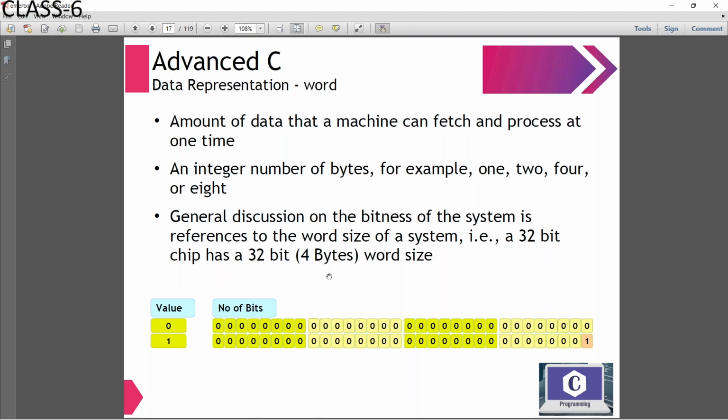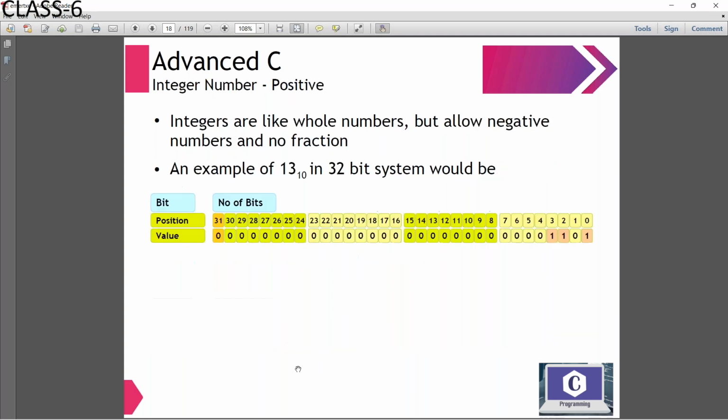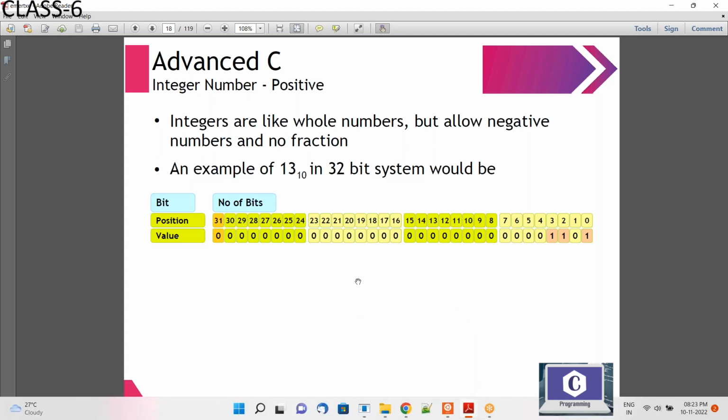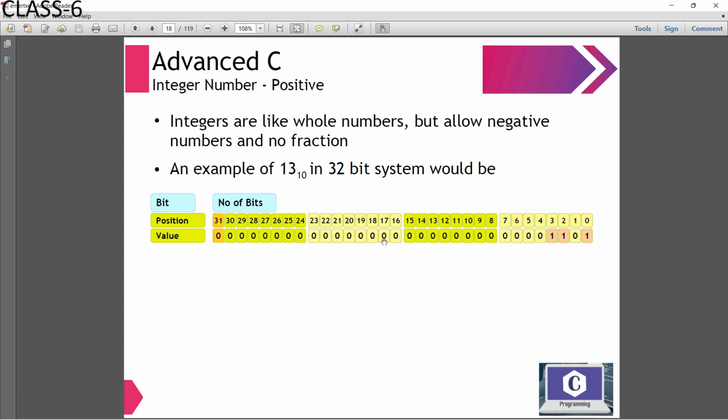Now, how is an integer stored inside the system? If it's a positive number, it is stored in either 2 or 4 bytes. I'm not saying 4 bytes every time, as that depends on the system design or the compiler. If it is GCC, then it is stored in 4 bytes, a maximum of 4 bytes for one integer value.